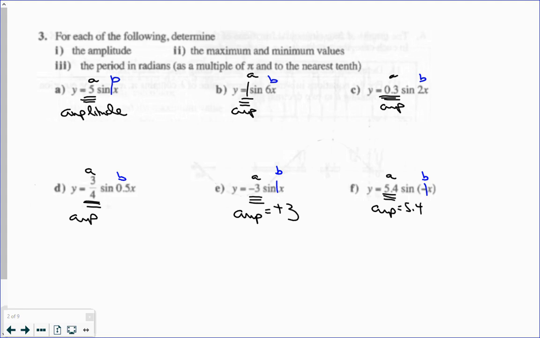Now, I mentioned the other day that the B value is not the period. So we have to calculate the period. There is a formula on your formula sheet, and it says period equals 2 pi over B.